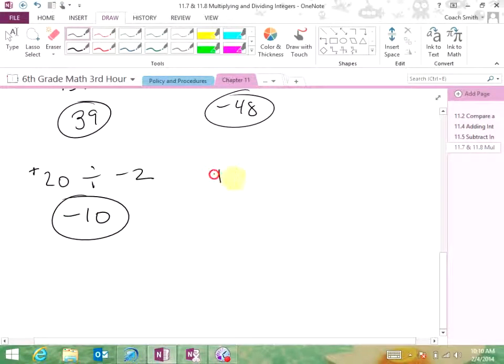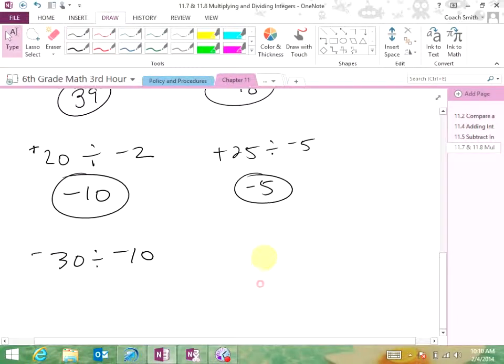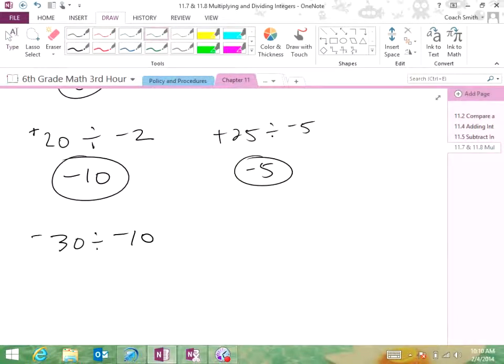Okay, how about positive 25 divided by negative 5? Negative 5. Okay, how about negative 30 divided by negative 10? Owen? Positive 3.